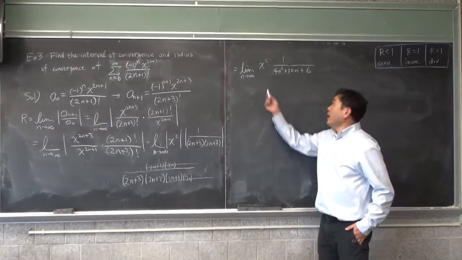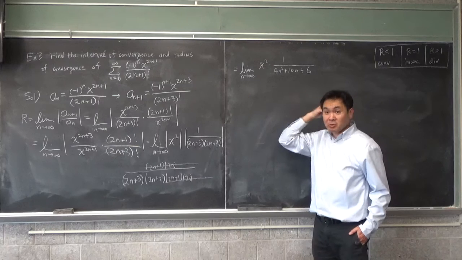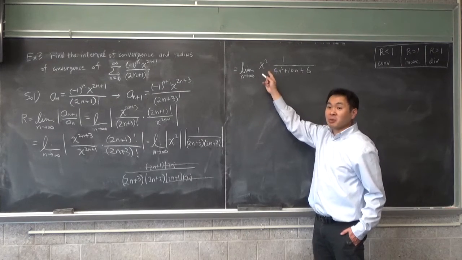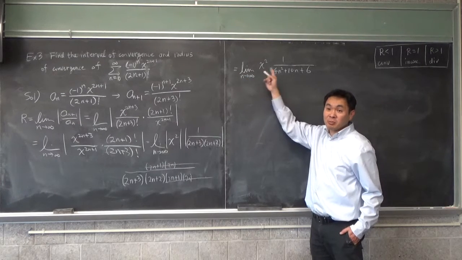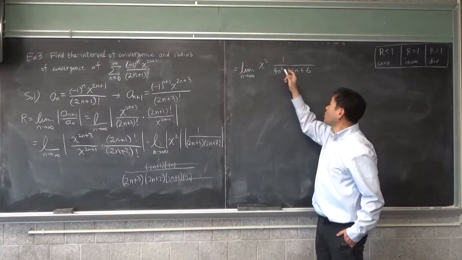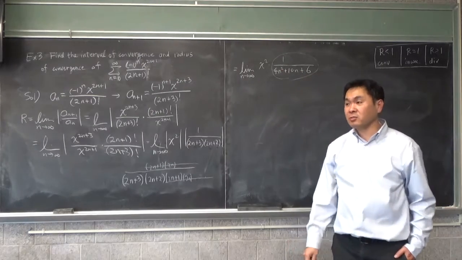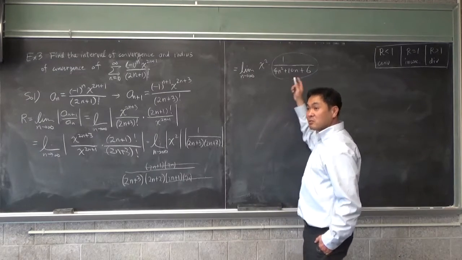Now, x is some fixed number, right? When we evaluate the power series, we plug in a number for x. So x is some number that's fixed, and you're only letting n become very large, right? So what's the limit of this part? 0, right? And x is some fixed number. Therefore, the limit is 0.